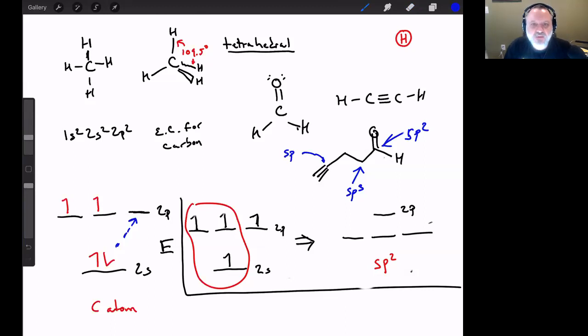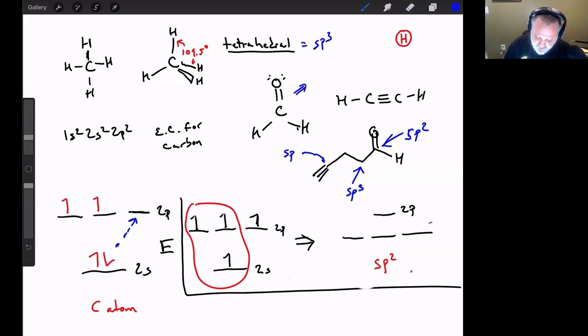And the way to think about it is that this hybridization always is associated with the electron geometry. If the electron geometry is tetrahedral, it's sp3.